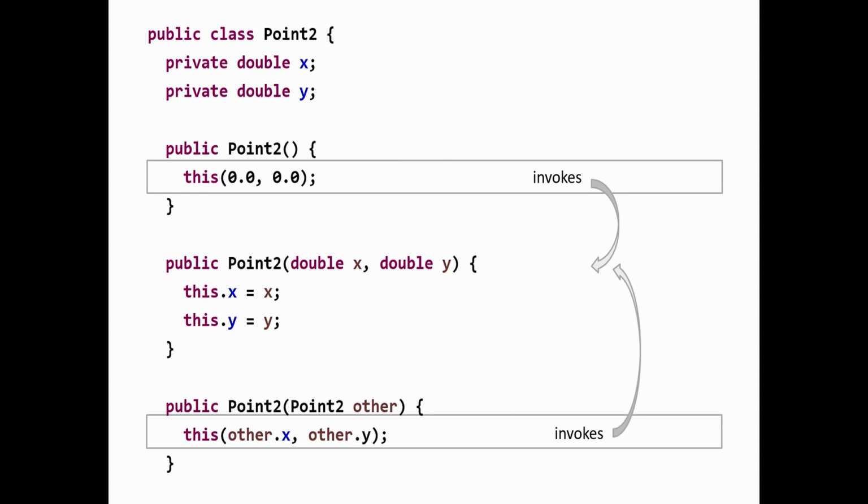Similarly, when it comes to debugging or maintaining your code, you really only have to look at one constructor. So if later on someone tells you that there's a mistake in your code, and it's in one of the constructors, then you can just look at the common constructor, debug it, and then all of your other constructors get fixed for free.